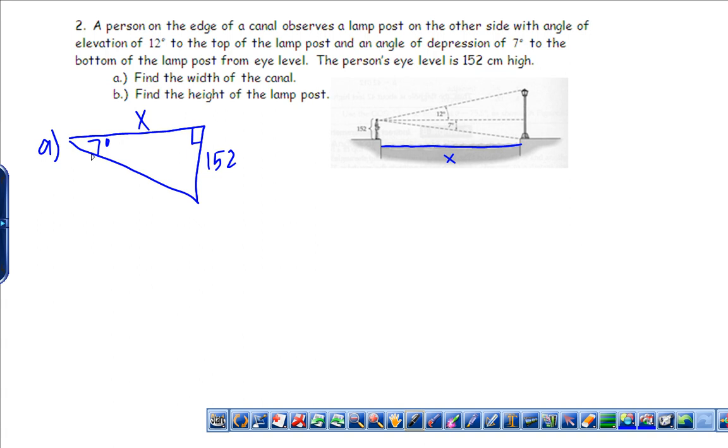I can use tangent, because that's opposite over adjacent. So this would be tangent of 7 degrees is opposite 152 over adjacent. If you solve for x, that's going to give you a rounded answer of 1,237.941. And that should be the length of the canal. That would be centimeters.